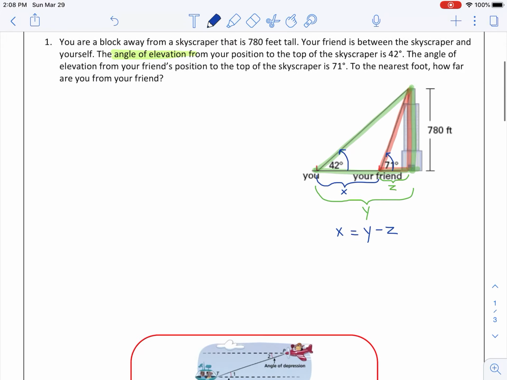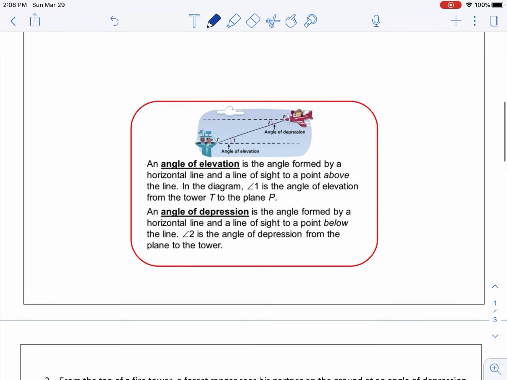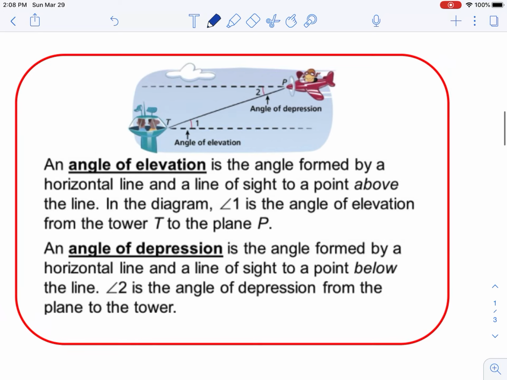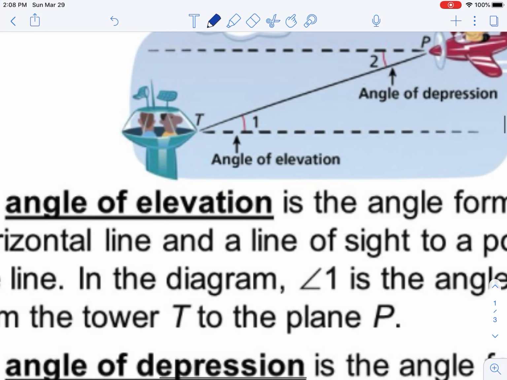So the two terms I'm talking about today, angle of elevation we just talked about, and then the other one's angle of depression. Okay? The only thing you have to know is that the angle of elevation, it's like you're looking straight out, right? So look straight ahead of you.